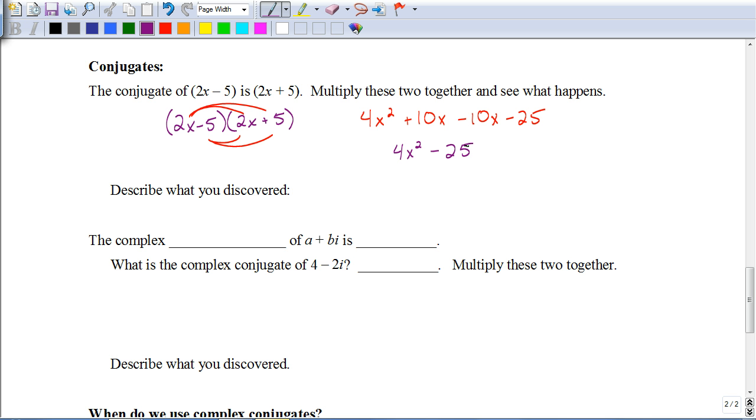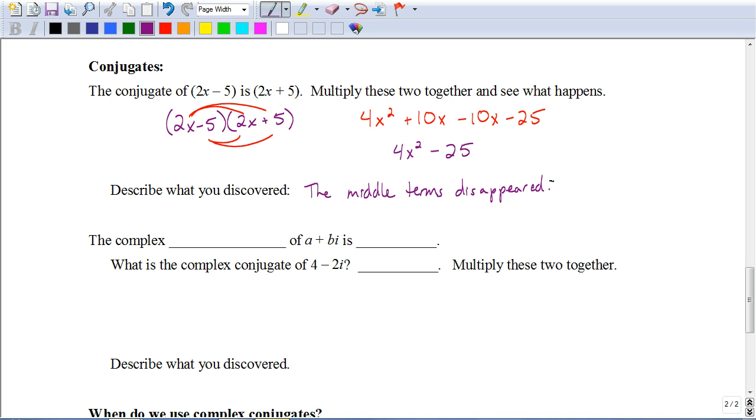So in other words, when we multiply a number by its conjugate, 2x minus 5 times 2x plus 5, the middle terms disappear, or they cancel each other out, but that's important. The middle terms are no longer there.